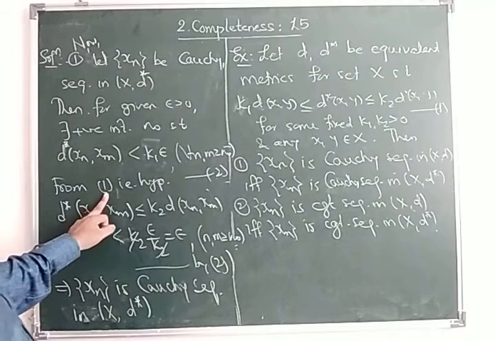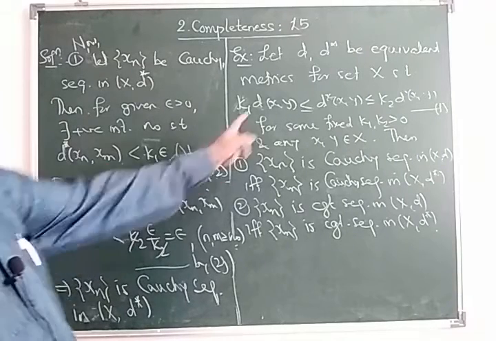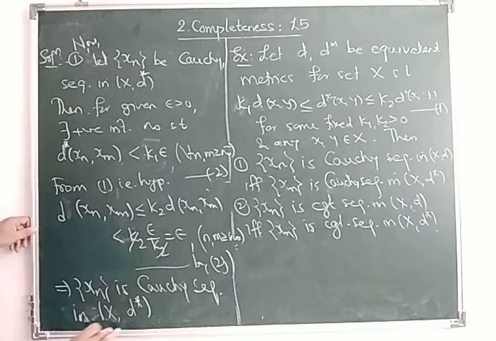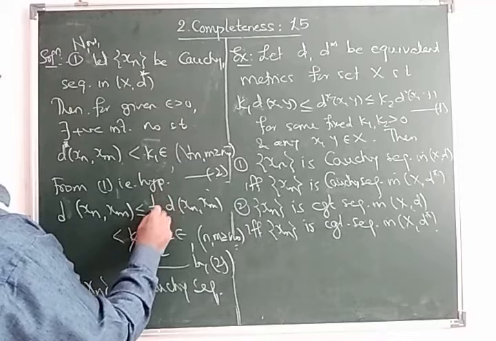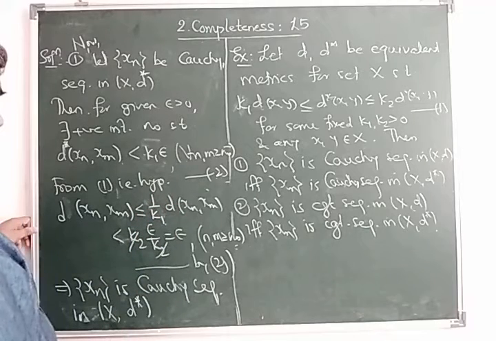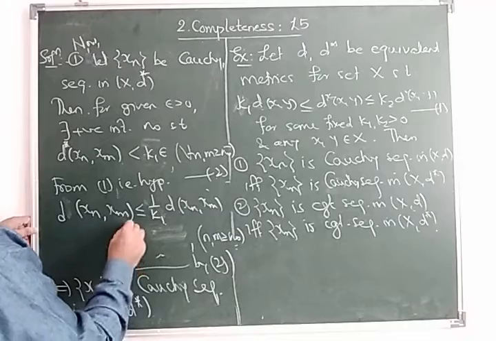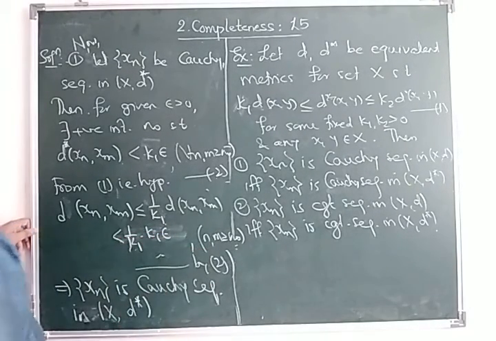Then from 1 again, d of xn xm is less equal 1 upon k1 d star of xn xm, which is nothing but 1 upon k1 into k1 epsilon, for n, m greater or equal n naught.